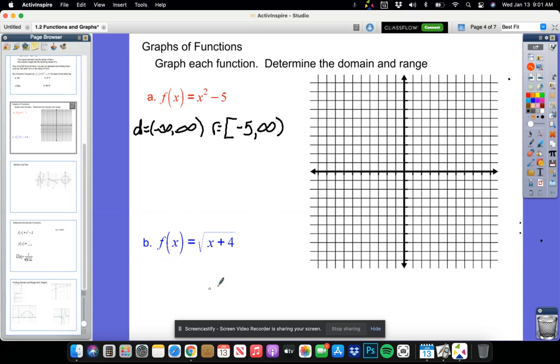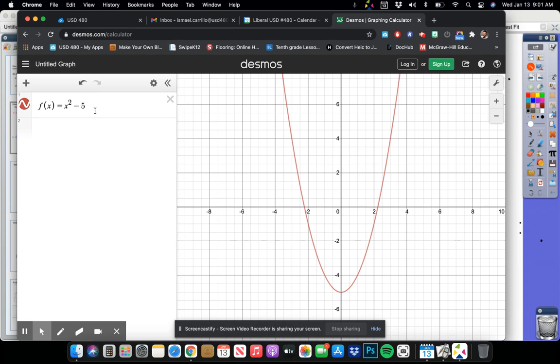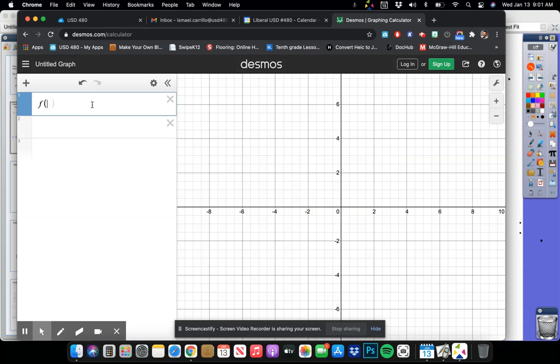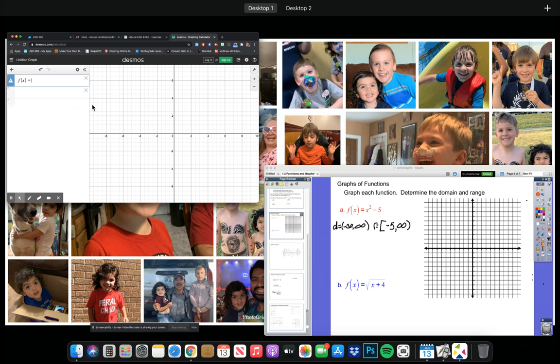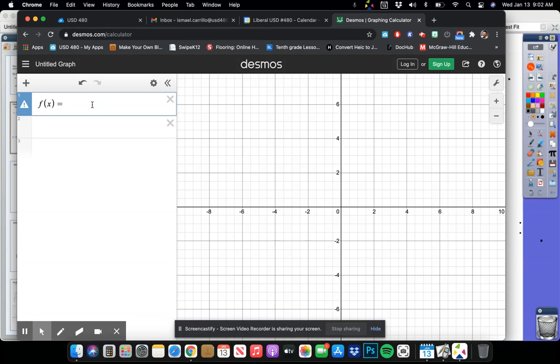Now let's look at this problem right here, radical x plus 4. You can actually even add another one on the same graph, but I don't want to, so we'll leave it like this. So f of x equals, and what was it again? The square root of x plus 4.